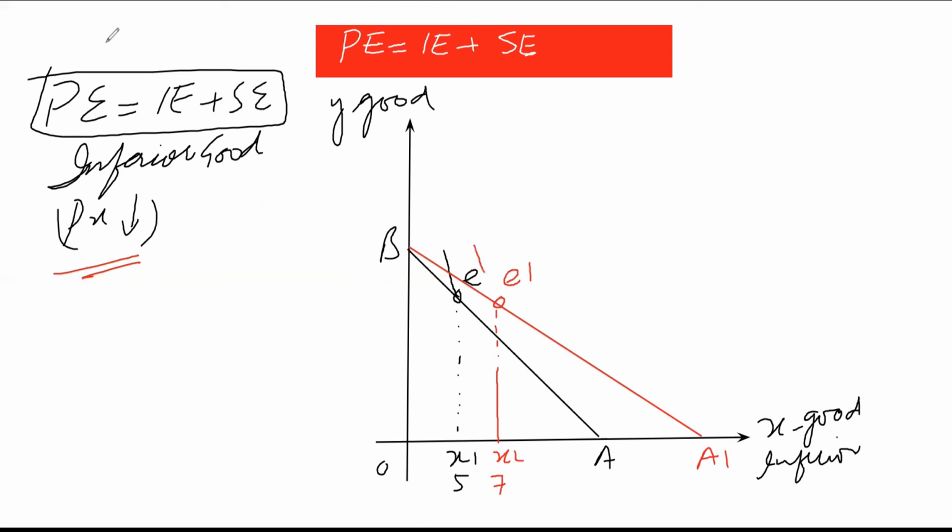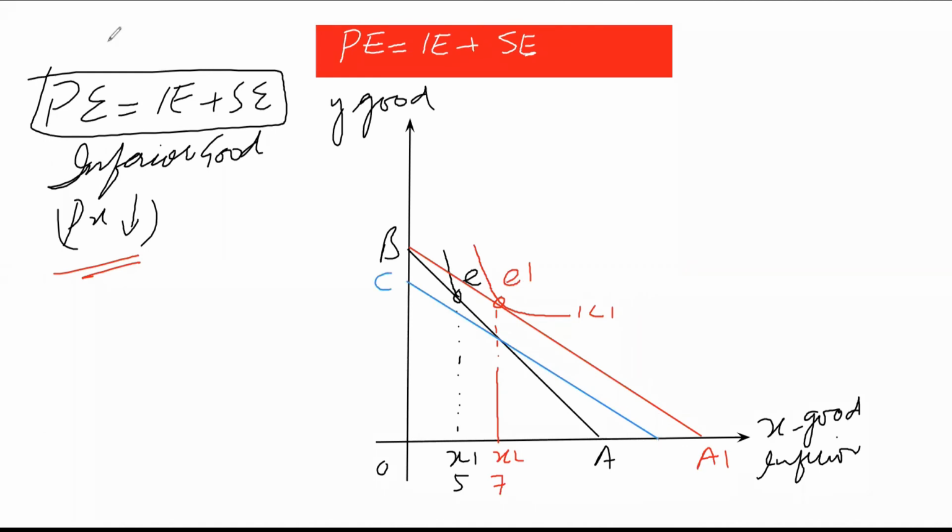Okay, and we have to draw an indifference curve at point E1 to show it as an equilibrium. Now we have to draw an imaginary budget line which considers what he could have been able to purchase if the consumer's purchasing power is kept constant.